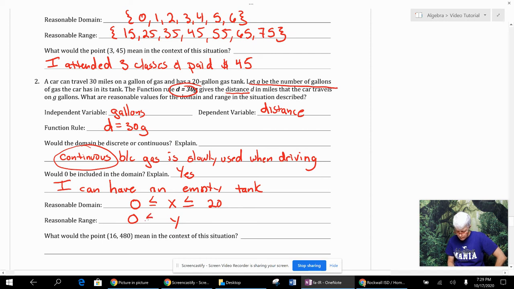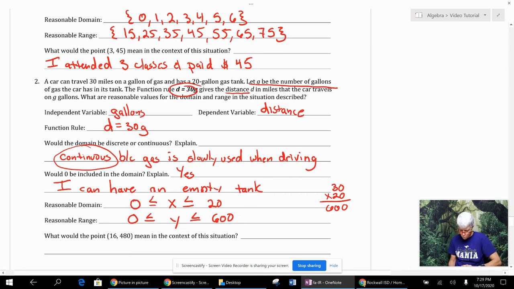Because I can go 0, I can go 1, 2, 3, 4. I can go all the way up to 600 miles, because if I get 30 miles per gallon, and I have 20 gallons, that is 600 miles total.